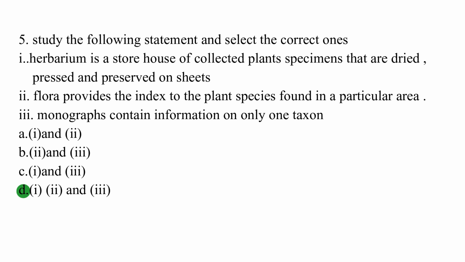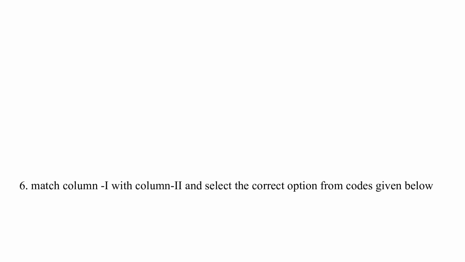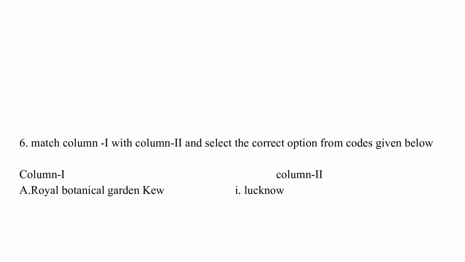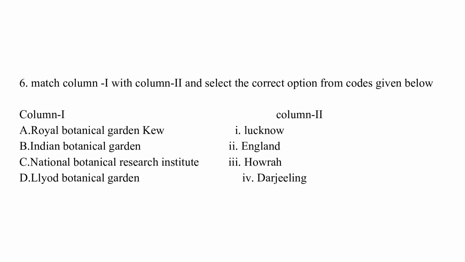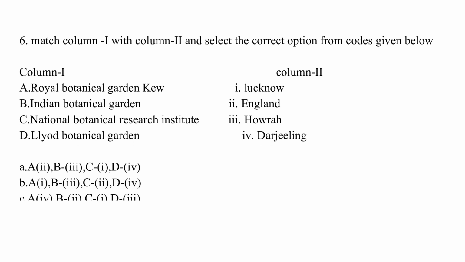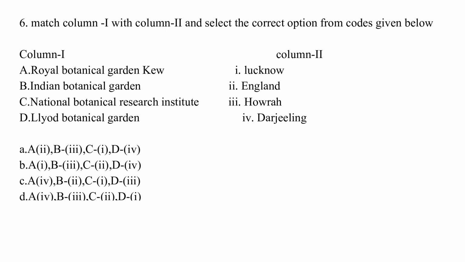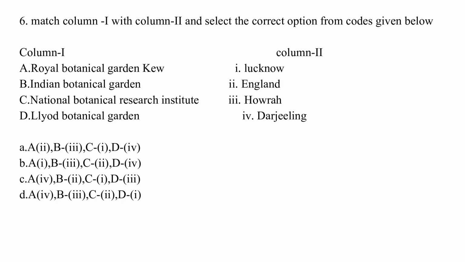All statements are correct. Match column I with column II and select the correct option from the codes given below. Column I: Royal Botanical Garden, Kew; Indian Botanical Garden; National Botanical Research Institute; Lloyd Botanical Garden. Column II: Lucknow, England, Howrah, Darjeeling.